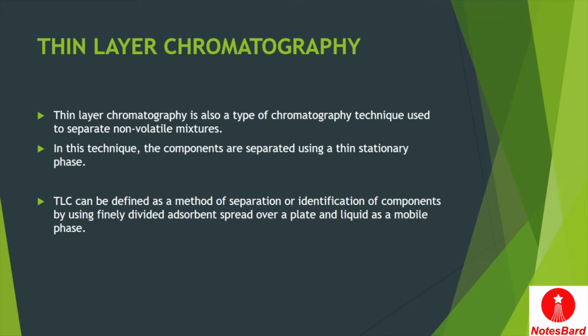Basically, we know that all chromatography methods use two phases, the stationary phase and the mobile phase. In the case of thin layer chromatography, a very thin layer is used as the stationary phase and a solvent is used as the mobile phase for the separation of different components present in the mixture.